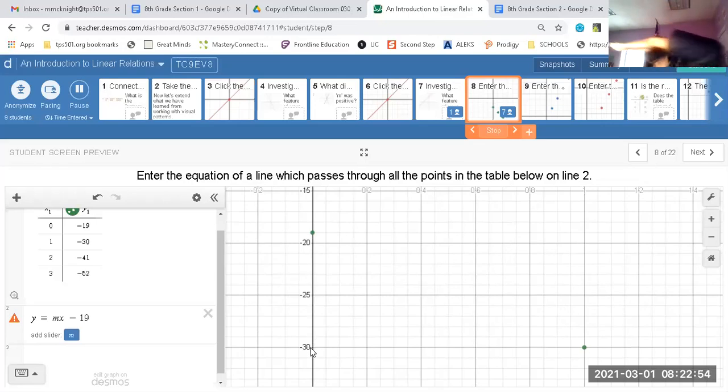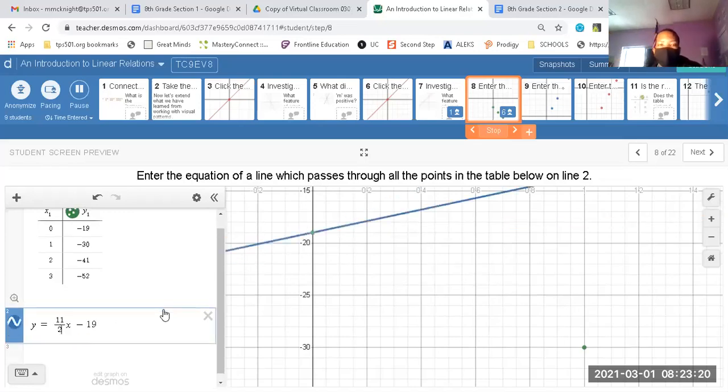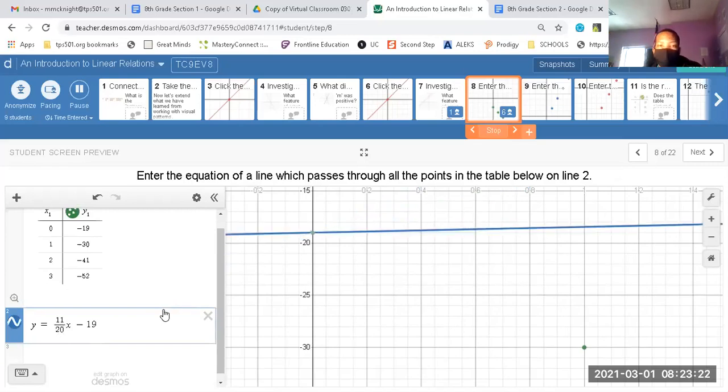Now I need to count how many boxes go across. 1, 2, 3, up to 20. So 11 boxes going down, 20 boxes going across. So then I take m out and I put 11 over 20. But then this also has to be negative.